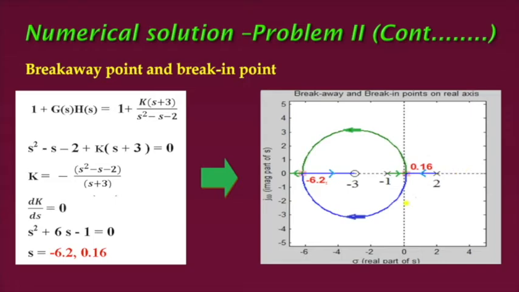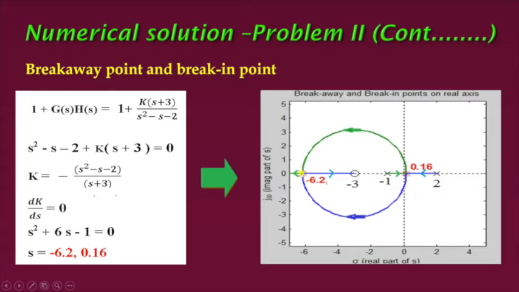From the definition, the root locus starts from 2 and −1 and meets at a point. This point is called the breakaway point, because the root locus departs from the real axis here and comes back to the real axis at the point −6.2.